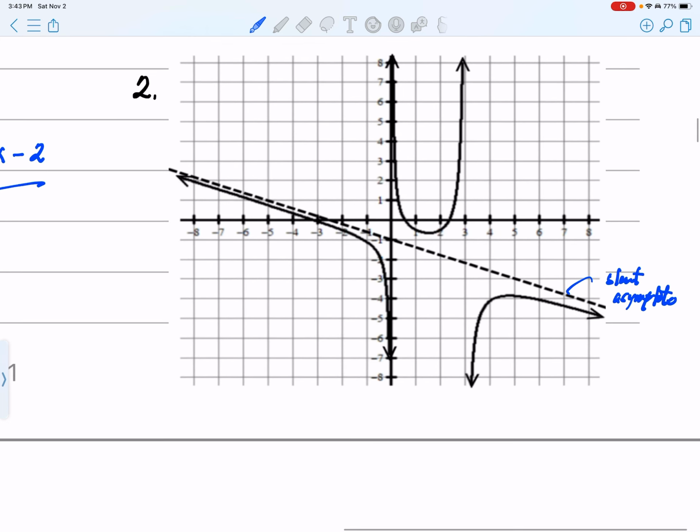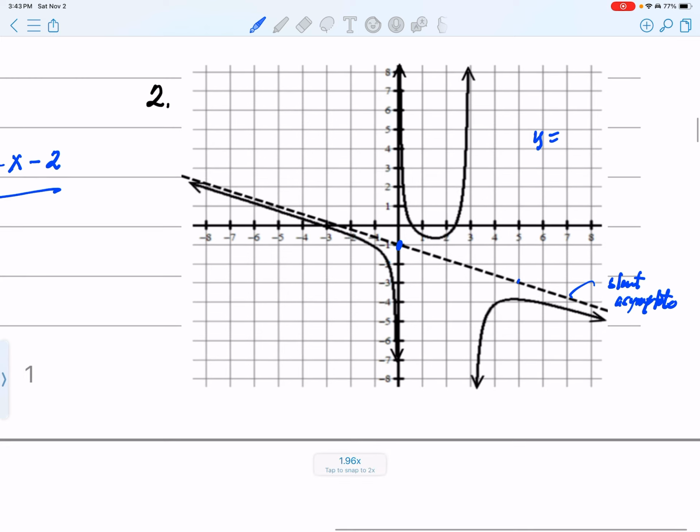Right here at this point. So I could write y equals. Okay, so from -1, I'm going to choose some point here, about this, where it exactly hits the x and y axis.